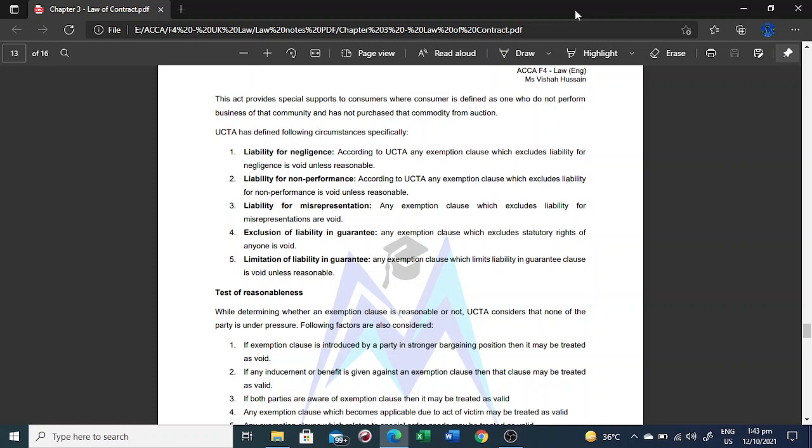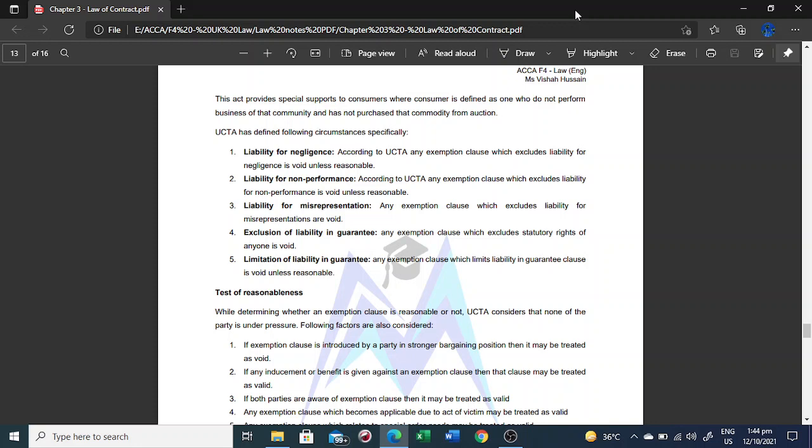In this situation, any exemption clause which is going to limit the liability in guarantee is going to be considered void unless it is reasonable. So if you have a good reasoning for it, then that is fine.